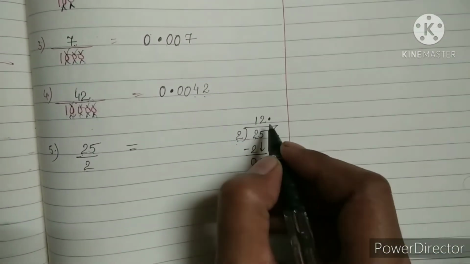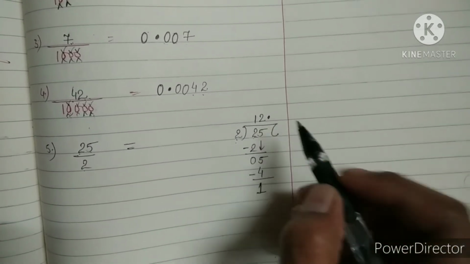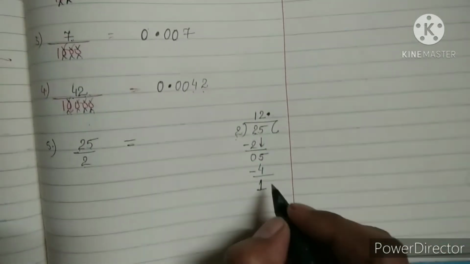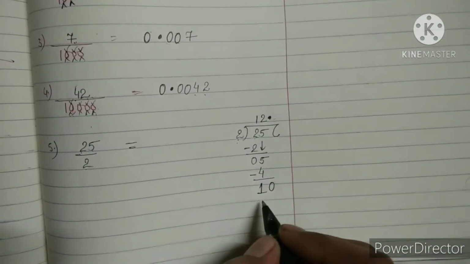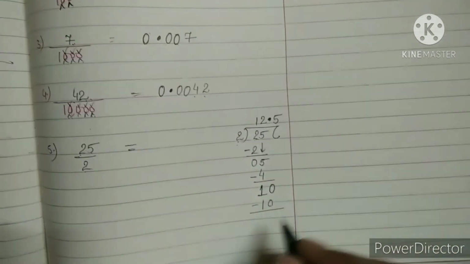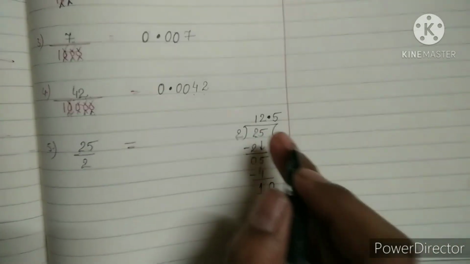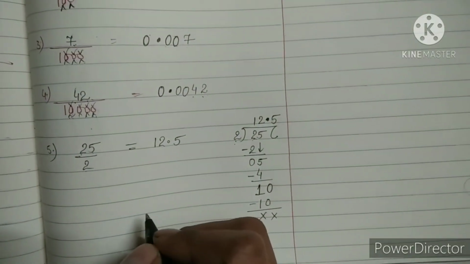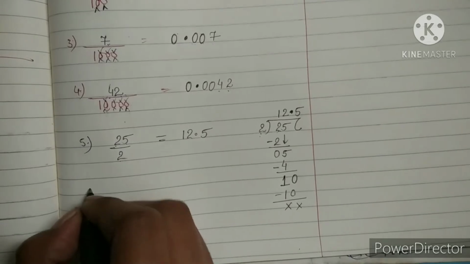You have to put a decimal whenever we are not able to divide a number. Because of the decimal we can put 0 here. So 2 5s are 10, 2 5s are 10. So the division is complete, and the answer is 12.5.